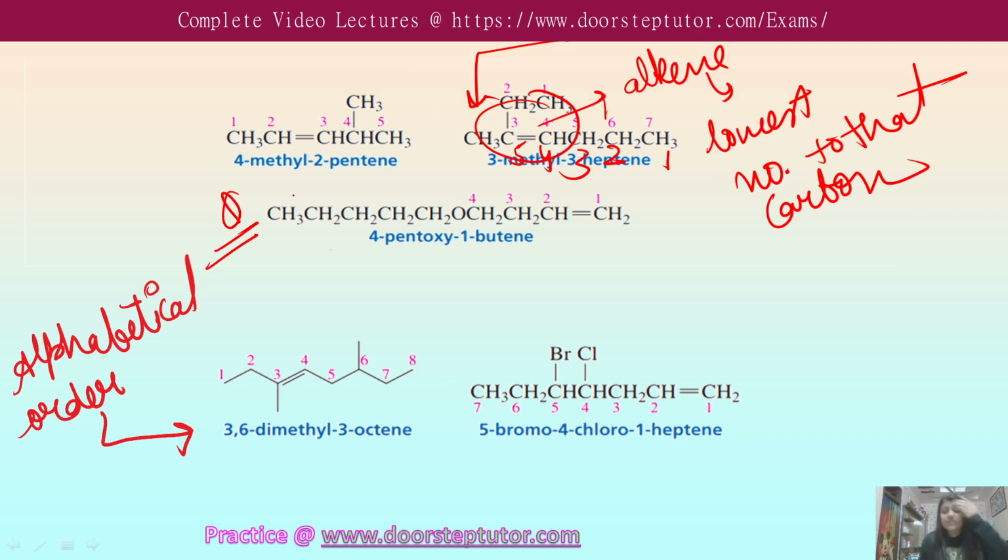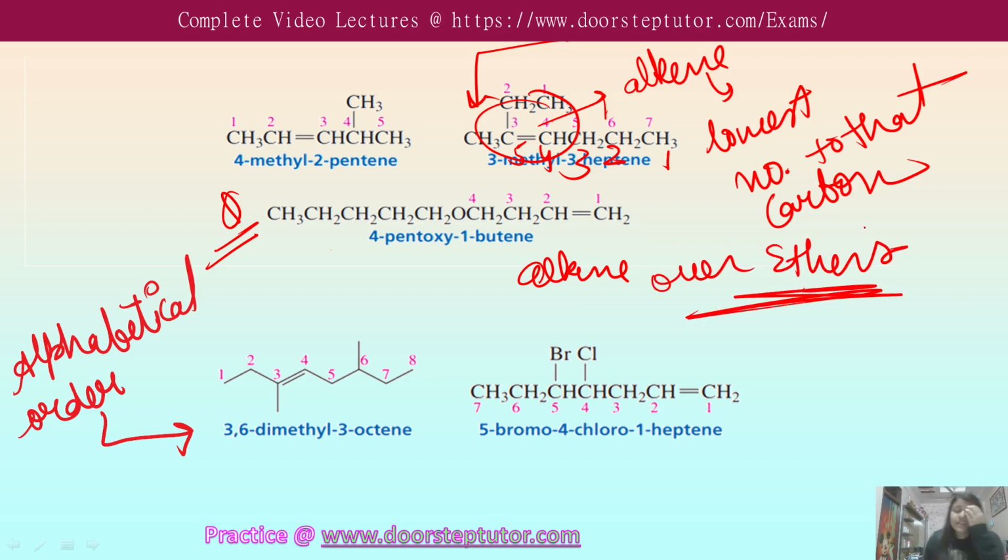This is considered an important example, because in this the numbering started from the alkene, so you have prioritized alkene over ethers. The numbering started from the right hand side, because we have to give the lowest number to this particular alkene.